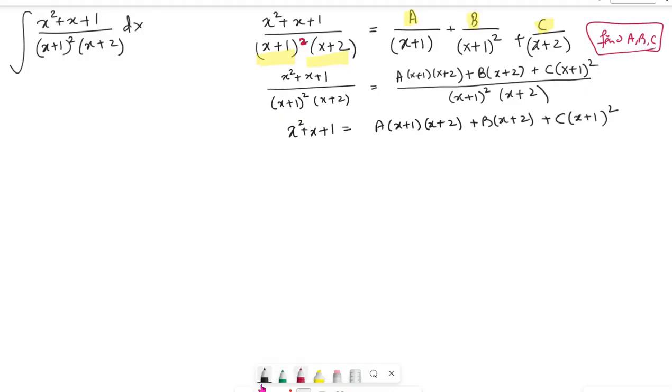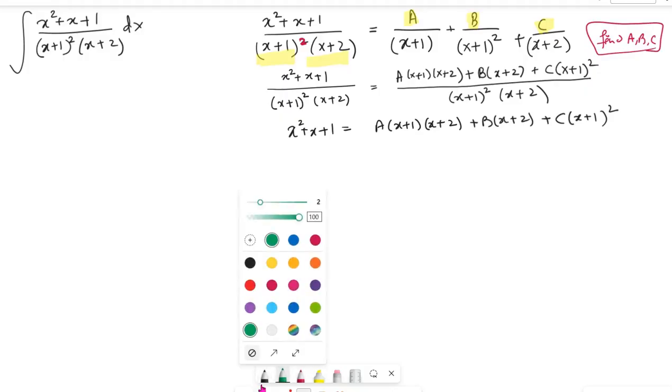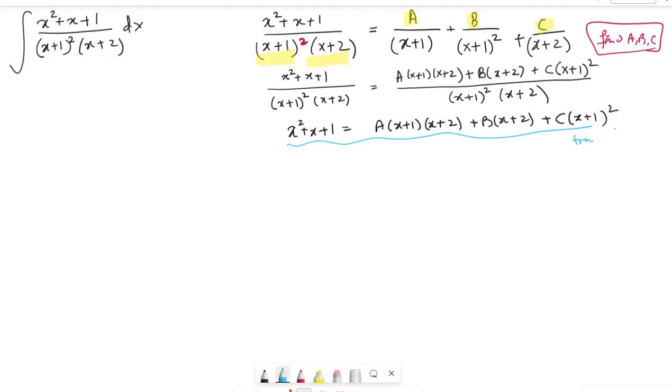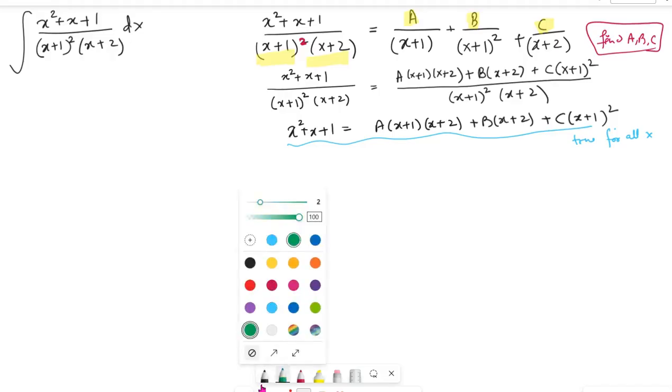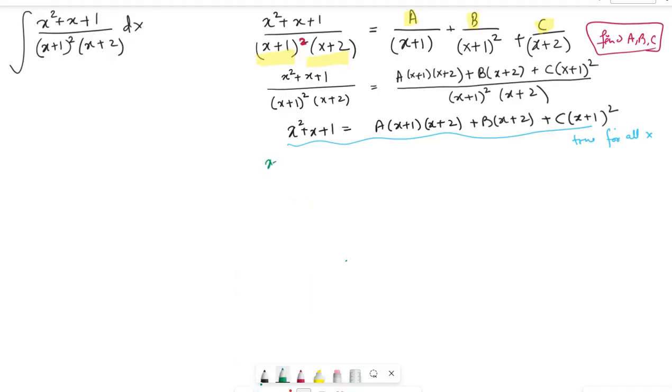So for that, what I'm trying to say here is that this statement is true for all x. So this should be also true for, say, x is equal to -1. So I'm going to plug in -1 everywhere. Where did I get -1 from? From one of the factors here, okay? So let's put -1 in place of x everywhere.